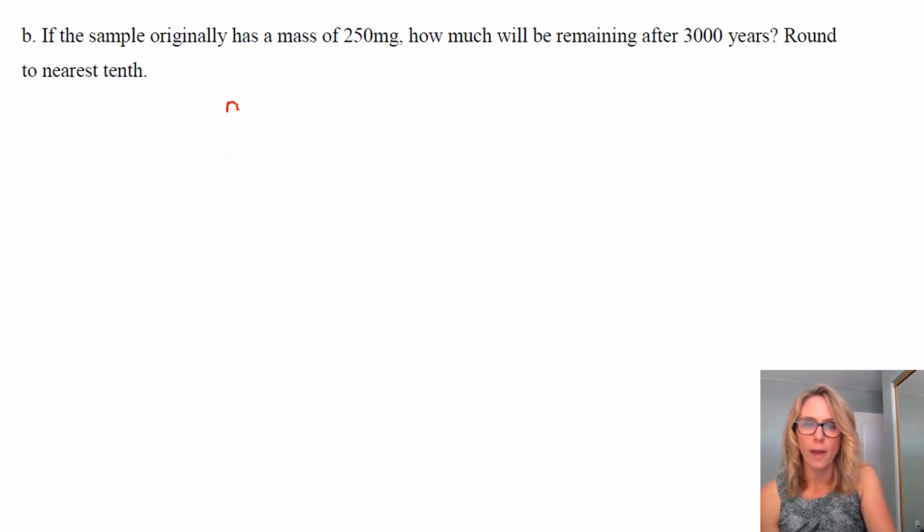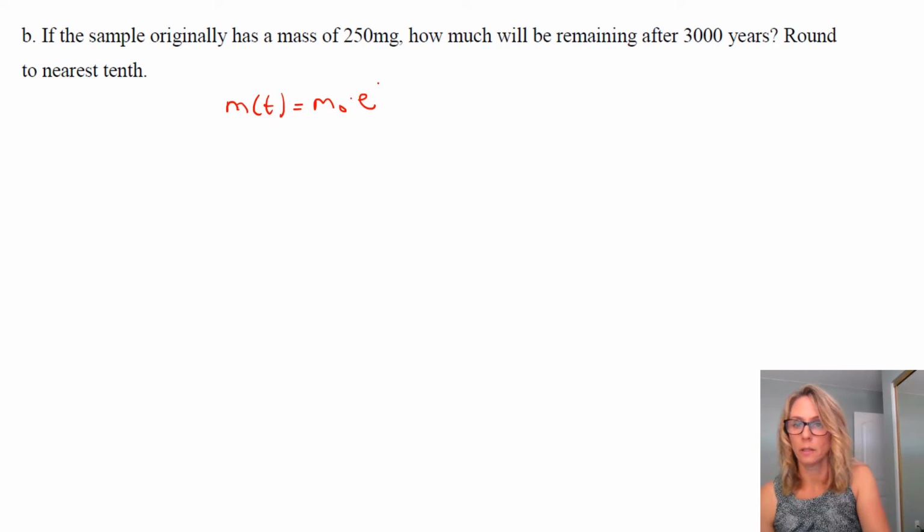Now that we know the half-life, we can write m of t equals m naught times e to the negative ln2 over 1589, because that's our half-life h that we found, times t.